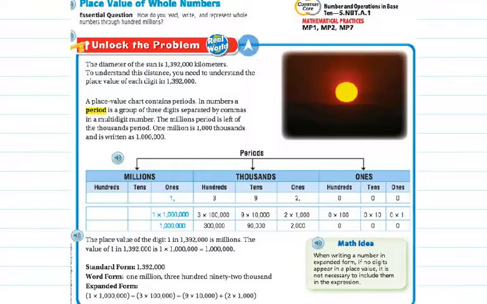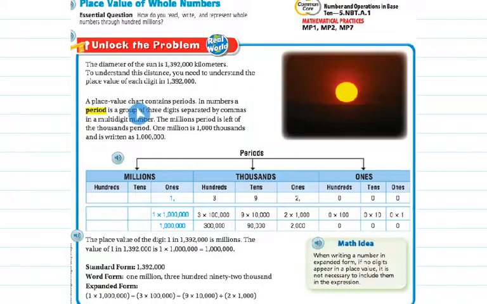So let's start with the unlock the problem real world. The diameter of the sun is 1,392,000 kilometers. To understand this distance, you need to understand the place value of each digit in 1,392,000.